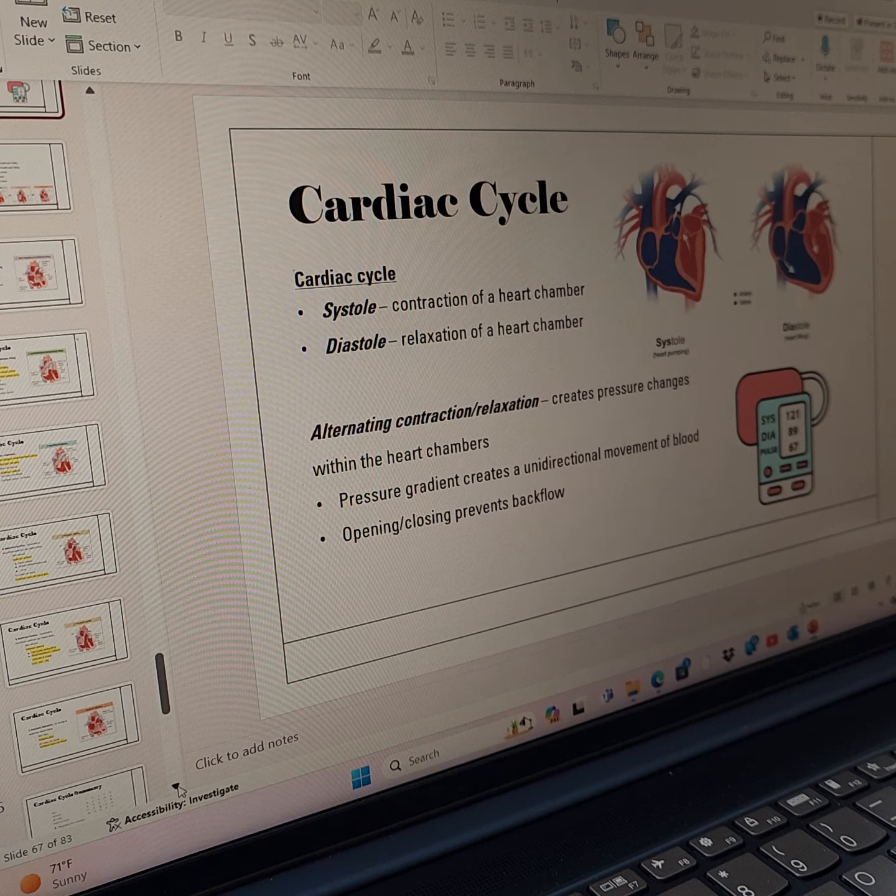You subtract the stroke volume, which is generally about 70 milliliters, and that will equal the end systolic volume, so the ESV. So it's EDV minus SV equals ESV.